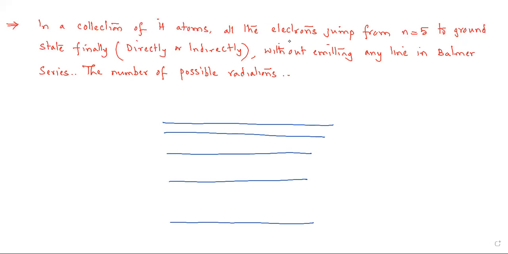Now let us first draw all possible transitions. Then we'll cancel out those involving Balmer series.